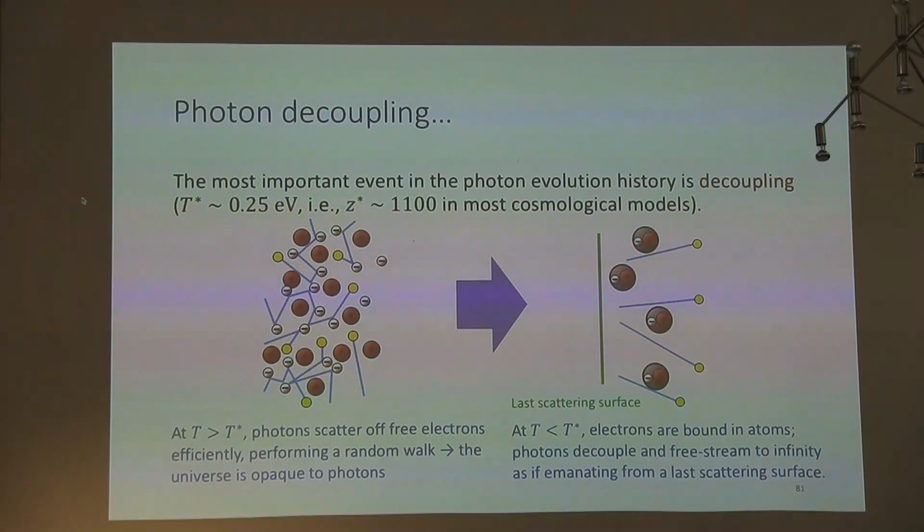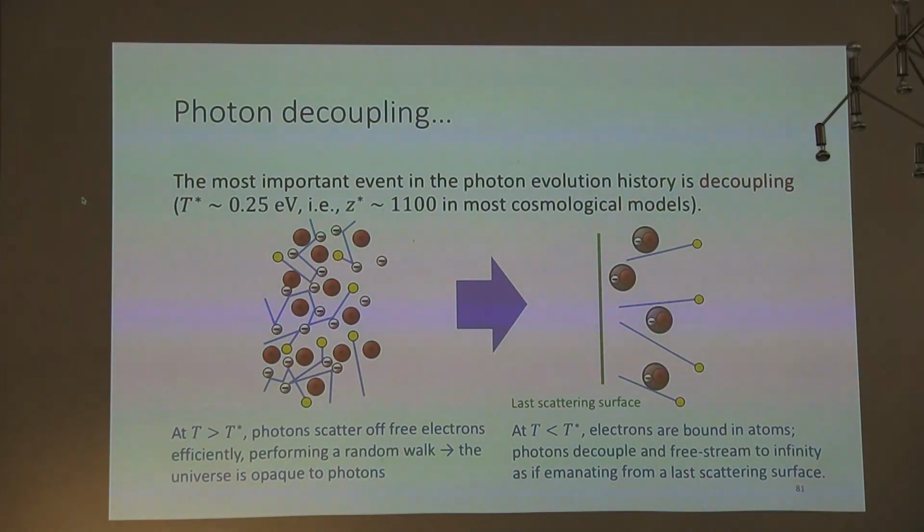So, to begin with, in order to think about the CMB, we should recognize that there is one single event that is basically the most important for the evolution of photon perturbations, and that is photon decoupling. Okay, so this is a very simple cartoon illustrating what's happening.